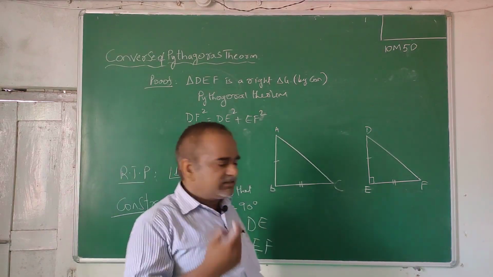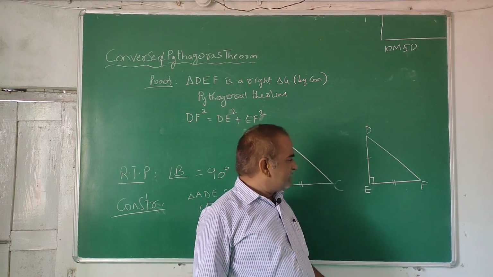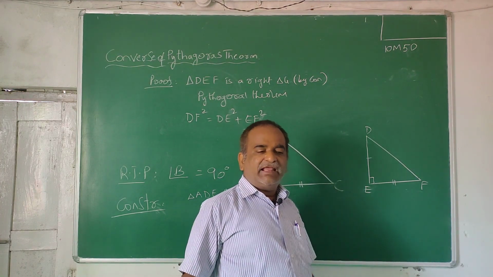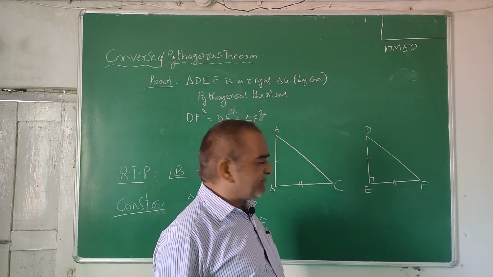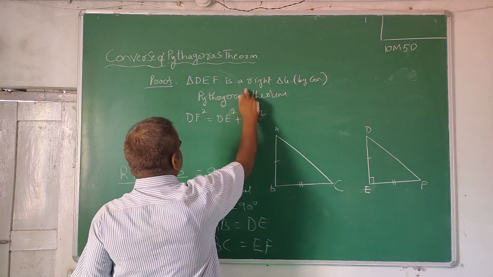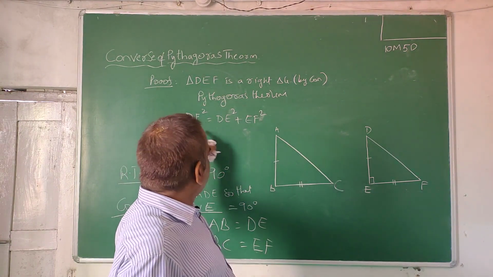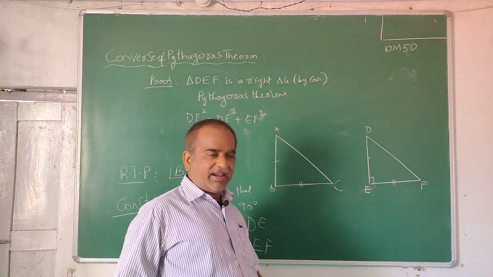Did you understand? We have accepted that this is a right angle triangle, so Pythagoras theorem applies. So DF square is equal to DE square plus EF square.